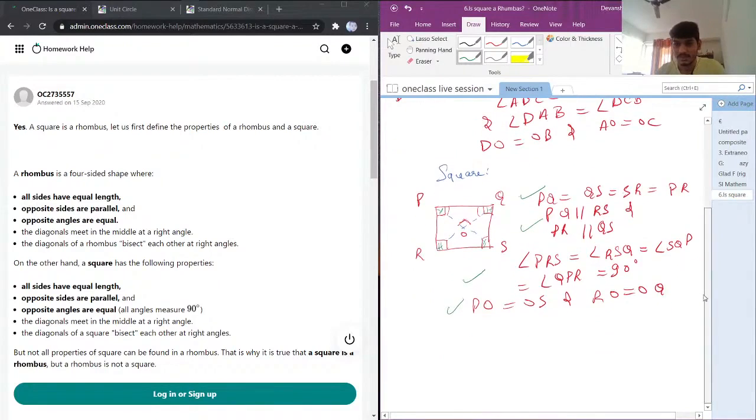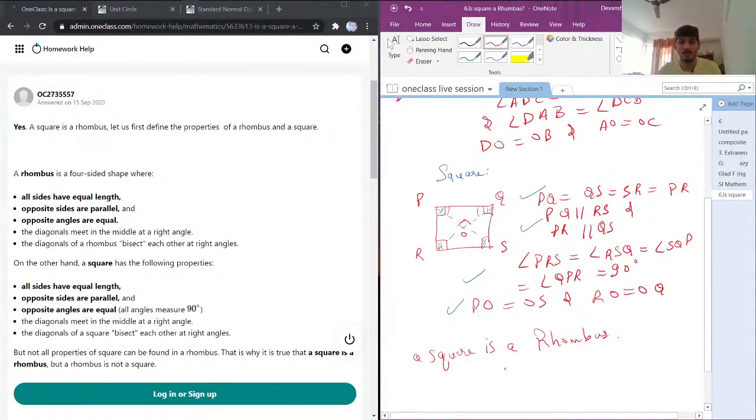So we can say that a square is a rhombus. Every square is a rhombus, but the opposite is not true.